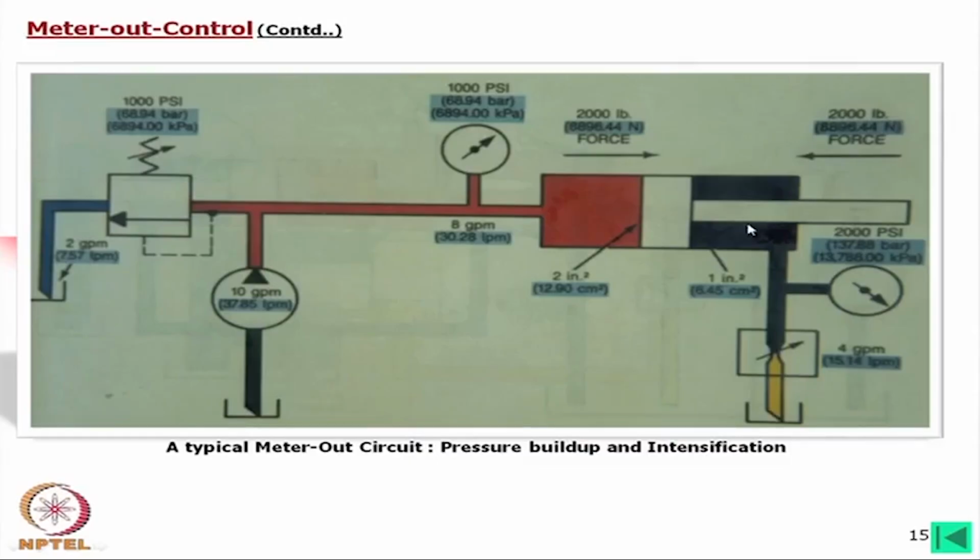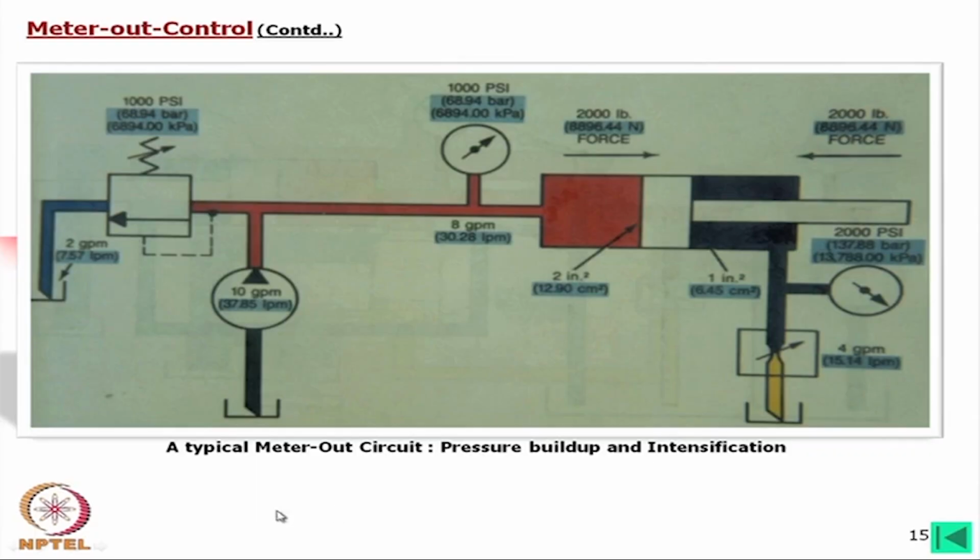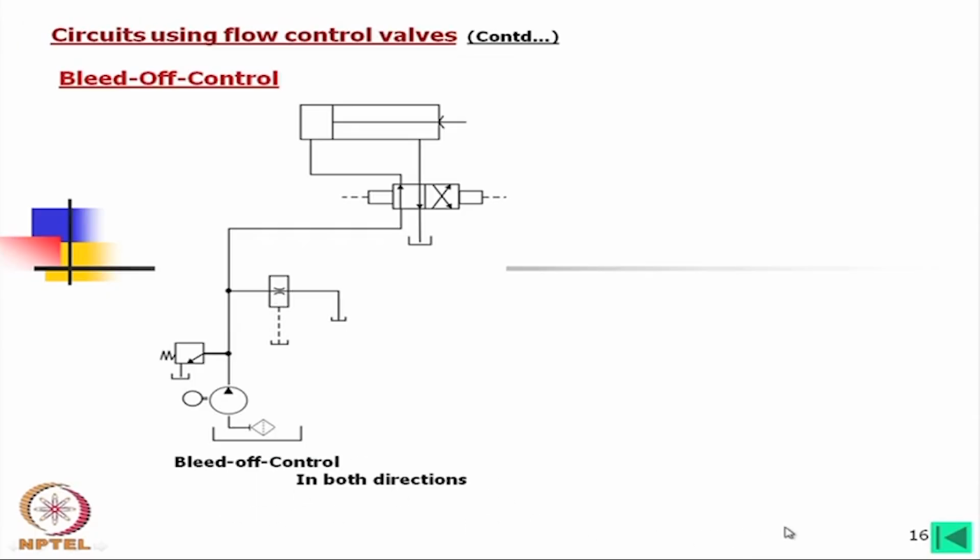Once that happens, there will be a force balance and the motion will be restricted; it will not move further, as the pressure difference will be there. So automatically it will again try to give more force, but it will not allow much movement. So this is how the meter out is used.